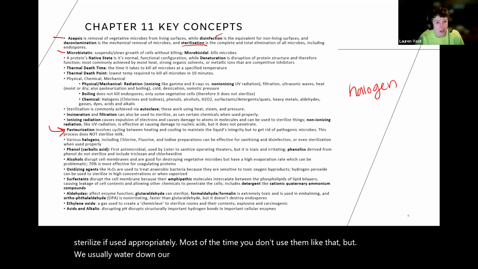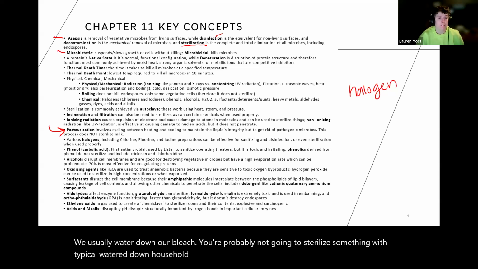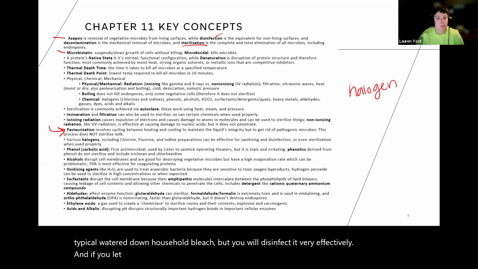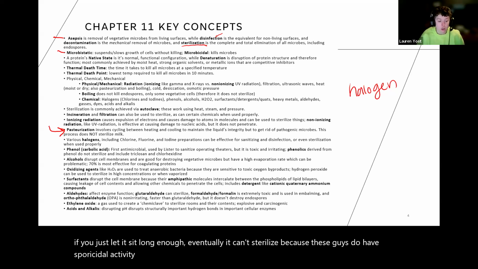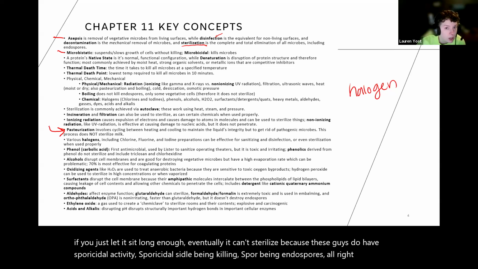You're probably not going to sterilize something with typical watered down household bleach, but you will disinfect it very effectively. And if you let it sit long enough and you maintain that concentration of bleach on there, eventually it can sterilize, because these guys do have sporicidal activity. Sporicidal, cidal being killing, spore being endospores. All right, so that's those guys.